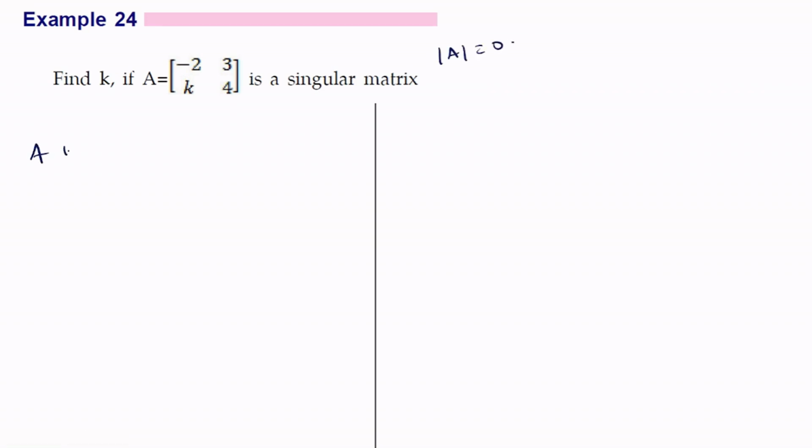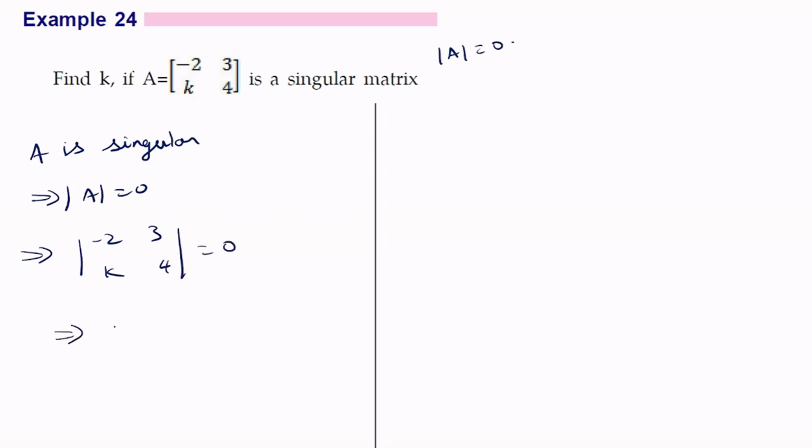So here A is singular, implies determinant of A equal to 0, which means determinant of minus 2, 3, k, 4 is equal to 0. So the value of the determinant is minus 8 minus 3k equal to 0. From this we get minus 8 equal to 3k. Therefore, k equal to minus 8 by 3. So this is the value of k.